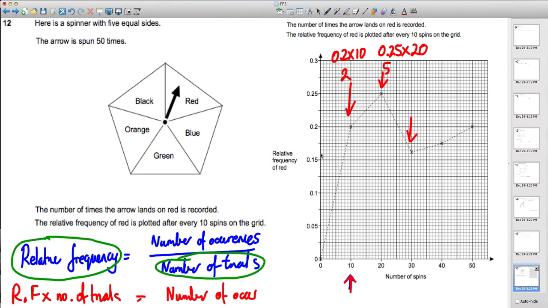So this here is exactly in between the two, so this is 0.165 times 30. And this one here is going to be 0.175 times 40. And this one here is going to be 0.2 times 50. Now we may not actually need to work these out. Let's have a look at the question now and see what it's asking.